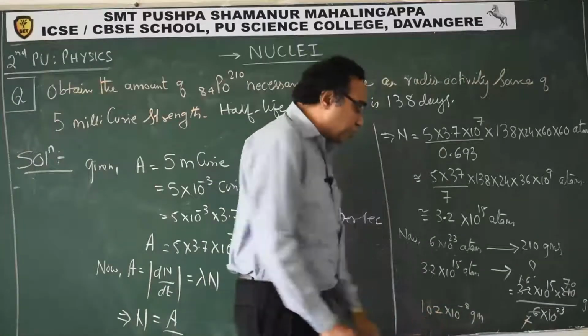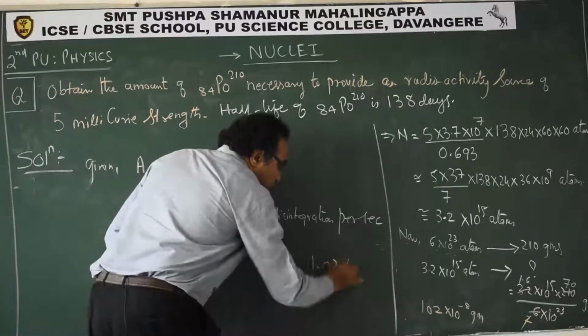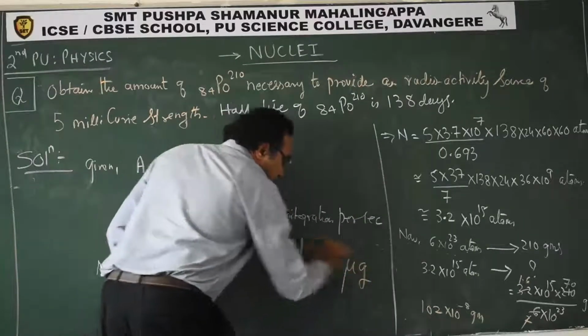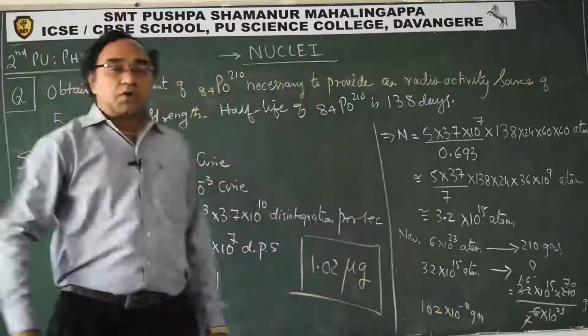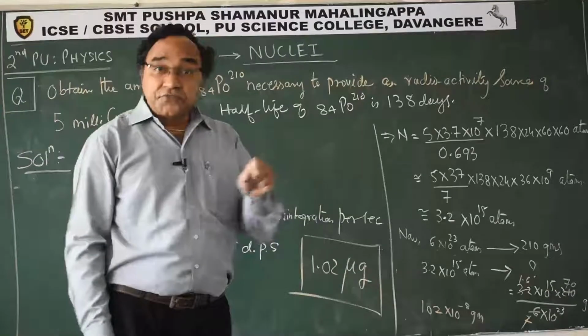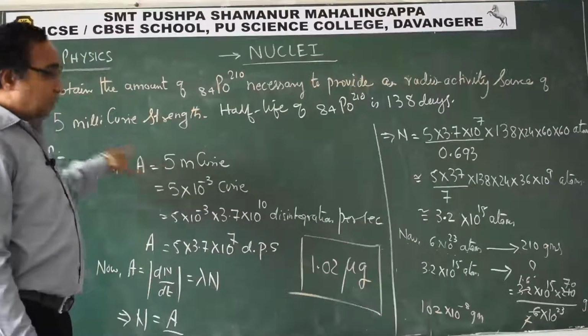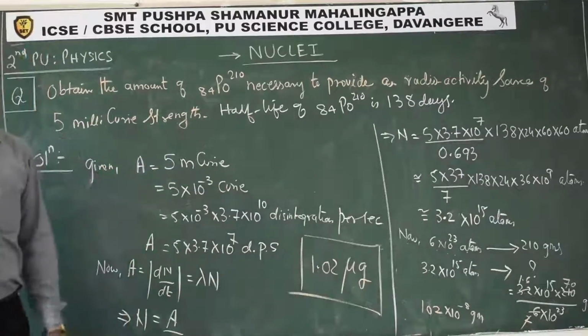So the answer is 1.02 micrograms. This is the amount of substance which will give a radioactivity strength of 5 millicurie. This is an important type of question. Please follow it.